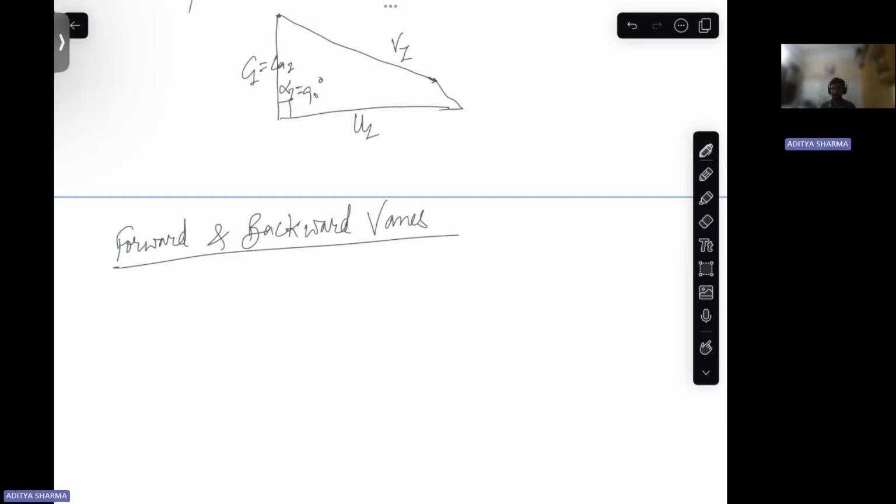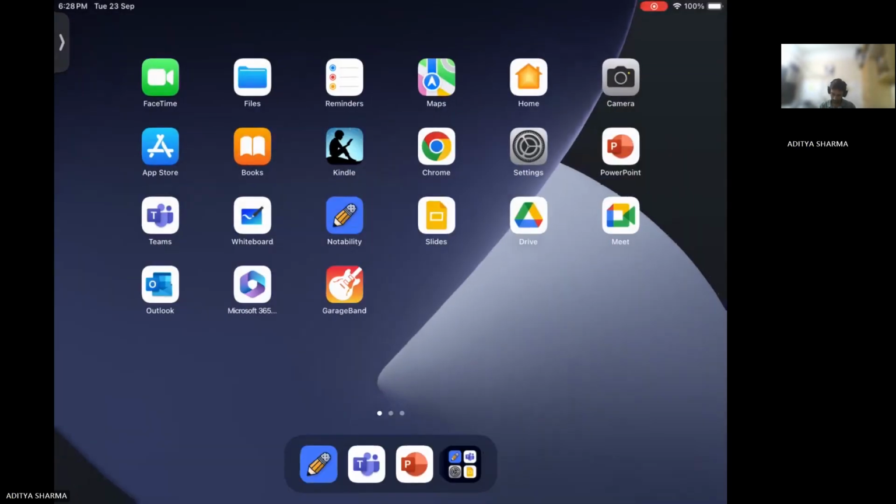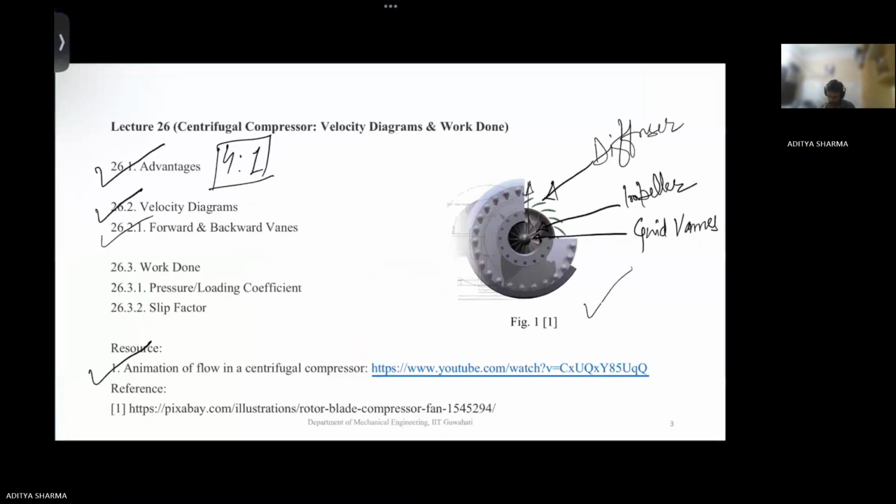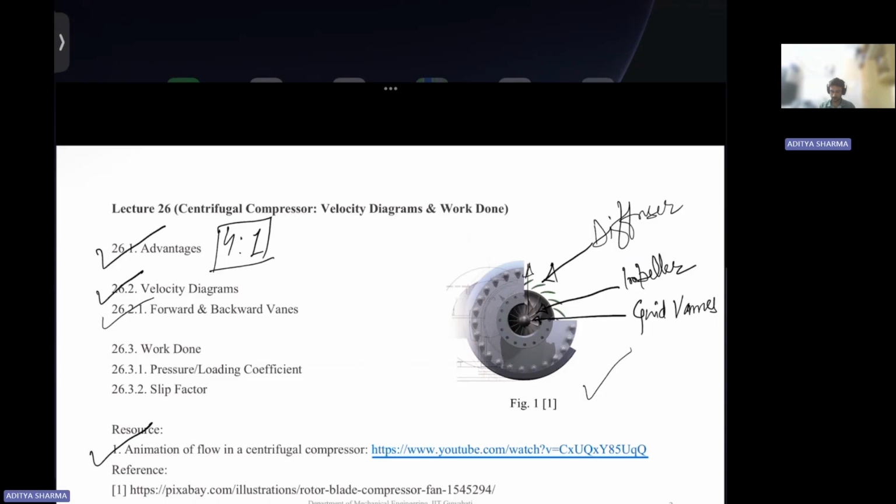So the vanes of your impeller, that centrifuge the air. If you see the figure of the impeller, and you please watch the video also, then you'll be able to better visualize how a guide vane looks like, how it moves, how an impeller looks like, how the arrangement of diffusers is there in the centrifugal compressor.